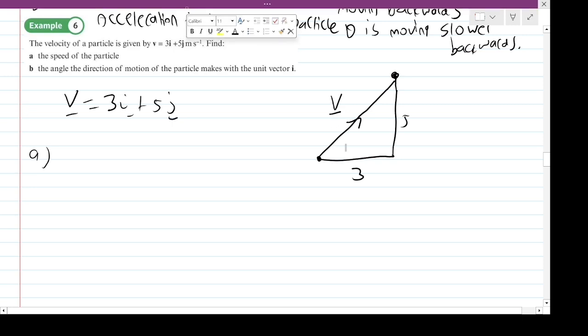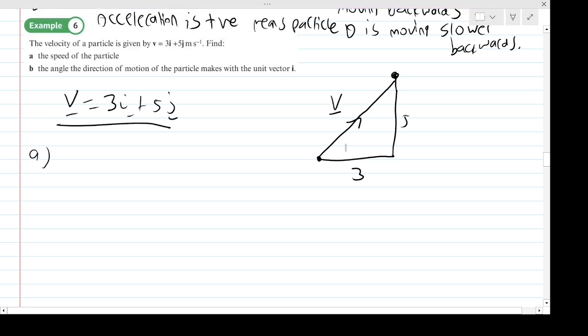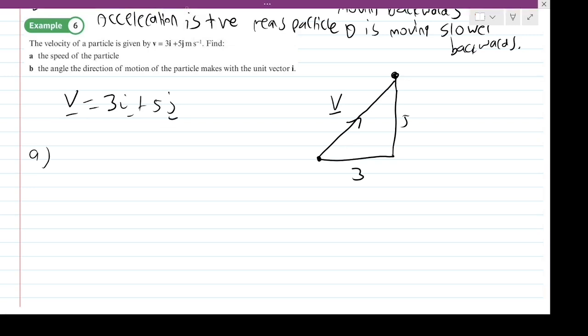Now, we want the speed of the particle, but we've got the velocity. What you should know is that the speed is the magnitude of the velocity, which we went over. Again we can represent the magnitude, or the length of the vector, by these vertical bars.